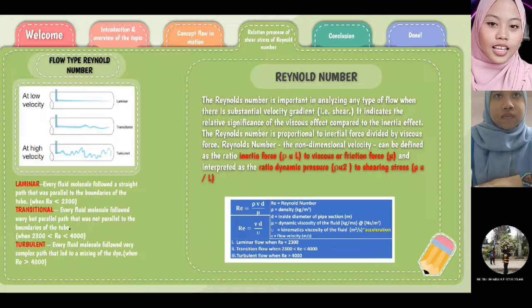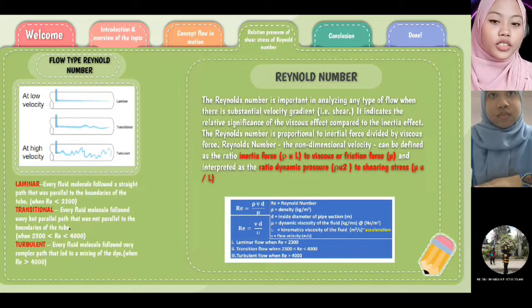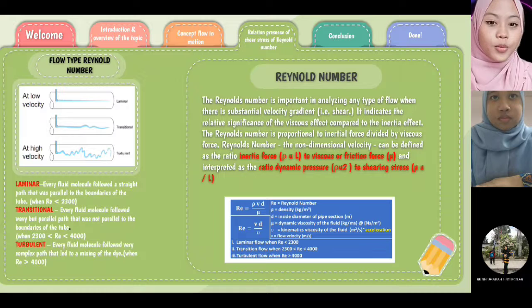Next, Reynolds number. Reynolds number is important in analyzing any type of flow when there is substantial velocity gradient or shear. It indicates the relative significance of the viscous effect compared to the inertial effect.